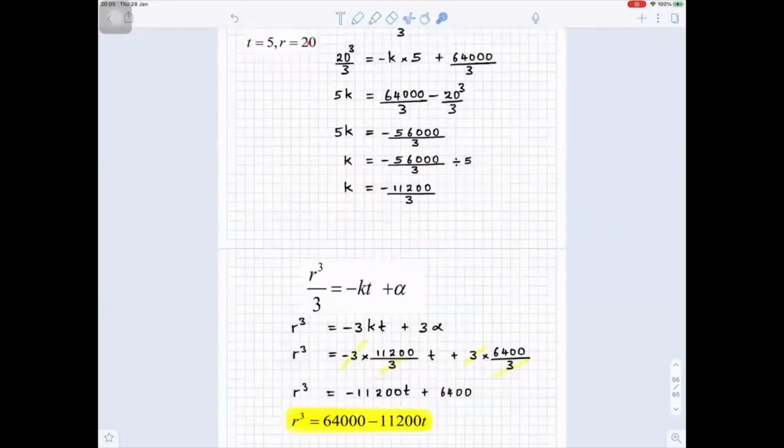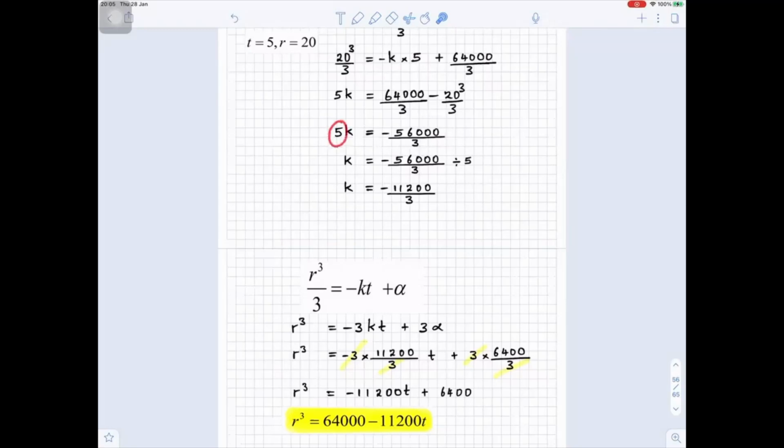So we have 20 cubed over 3 equals 5 times minus k plus alpha, which is 64,000 over 3. You take 20 cubed over 3 to the right-hand side, it becomes minus 20 cubed over 3. When you solve that, it will give you 56,000 over 3.